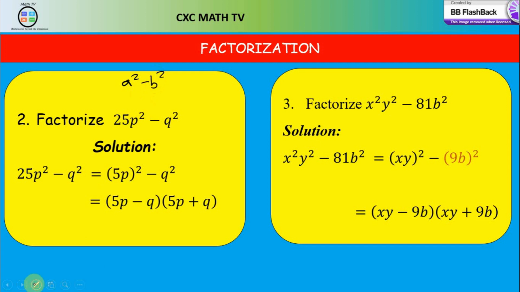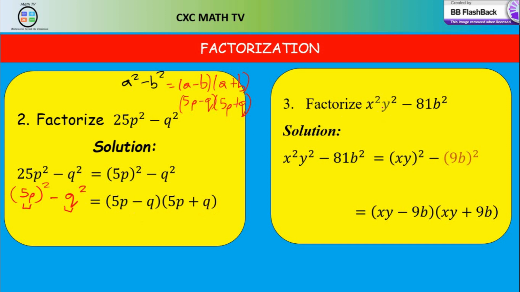We realize 25p squared is really 5p all squared, because 5p times 5p is 25p squared. So now your a is 5p and your b is q. The formula says it's a minus b times a plus b. So it's 5p minus q times 5p plus q. That's how we get this here.